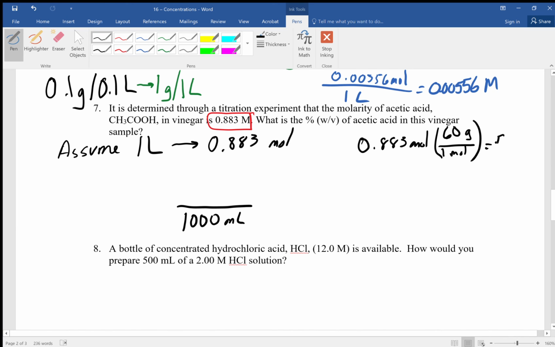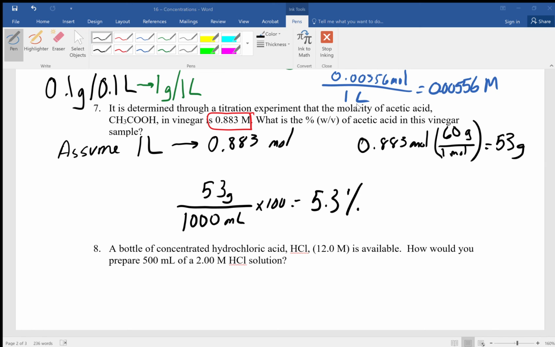And we get that there's 53 grams of acetic acid in a liter of vinegar. So I can put that here now, multiply by 100, and I get that the acetic acid is 5.3%, or the vinegar is 5.3% acetic acid.